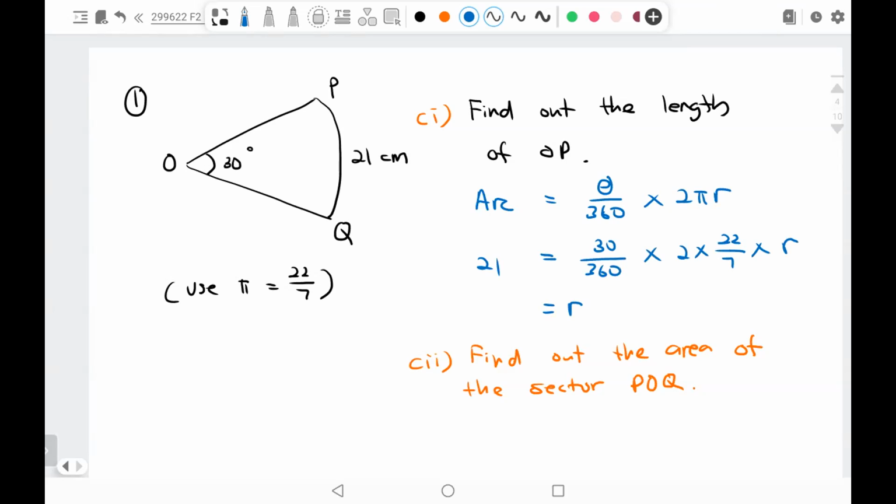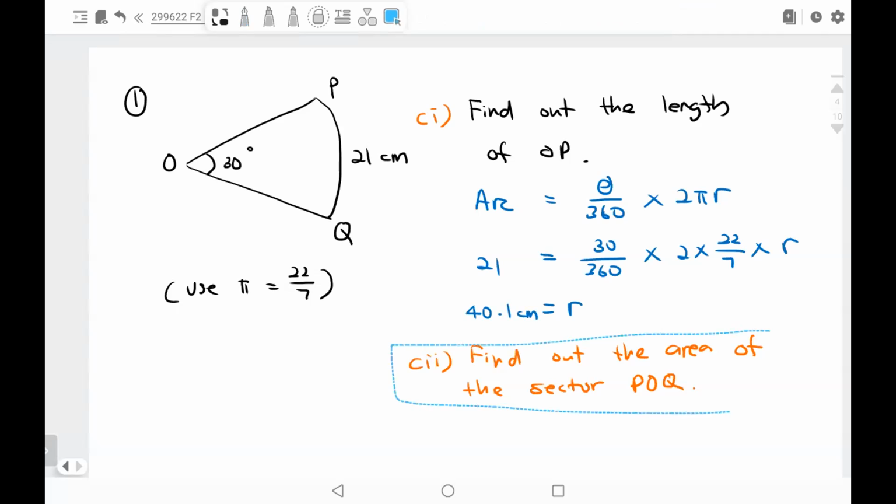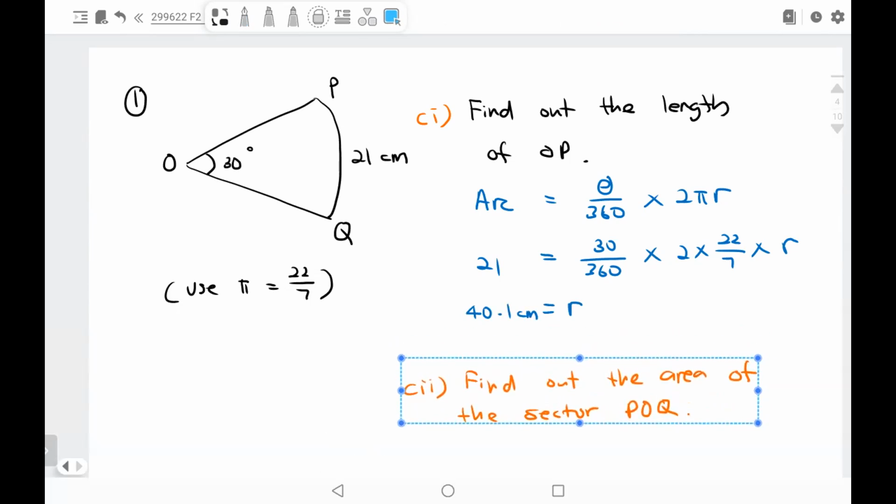How come you got 11? How to get 11? Which part? Okay, you double check your answer. How did you get 11? Is it because of the degree? Must insert the degree.